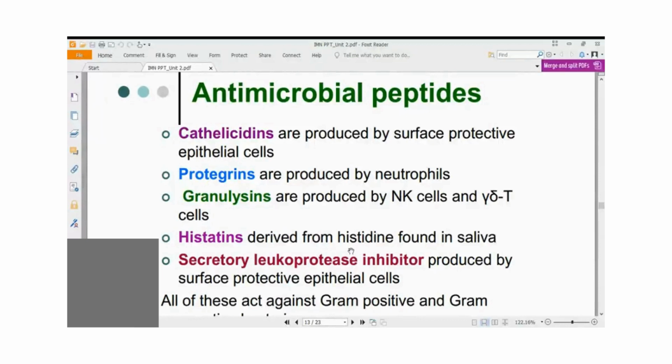Then comes histatins. Histatins are derived from the amino acid histidine, a heterocyclic amino acid, by modification in the saliva. Salivary enzymes are responsible for modification of histidine to histatins, and they are present in large amounts. They are capable of inhibiting not only gram-positive and gram-negative bacteria, but also some pathogenic fungi called Candida.